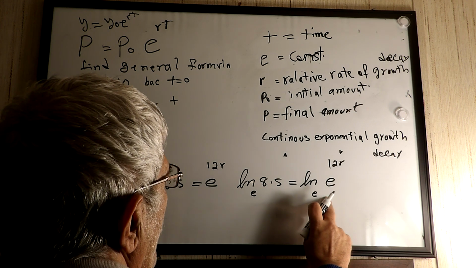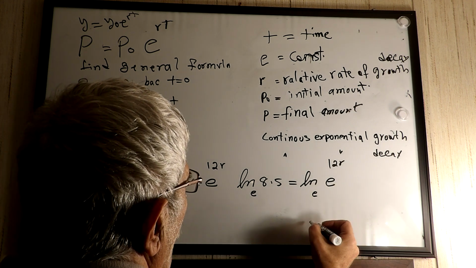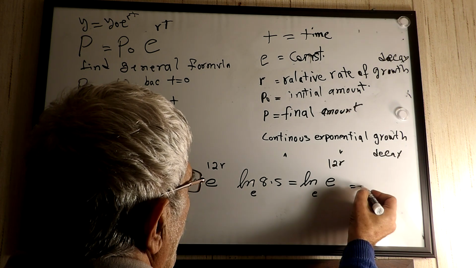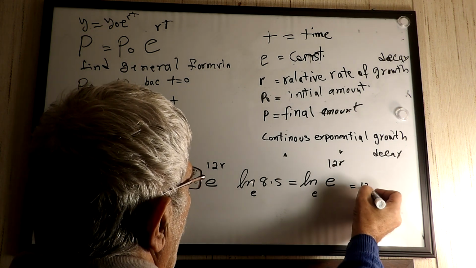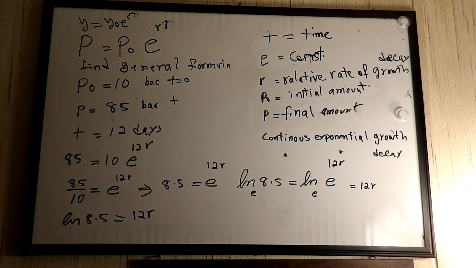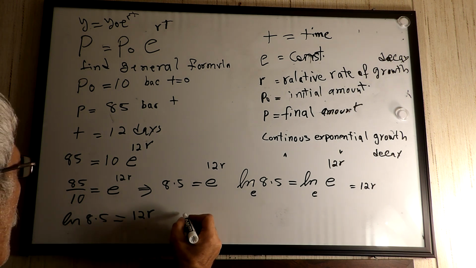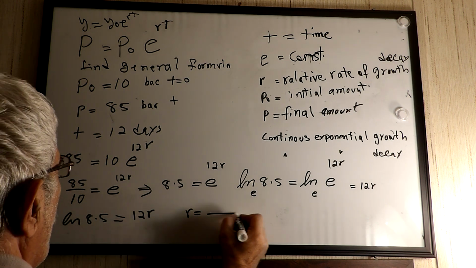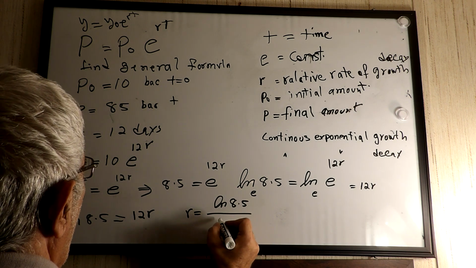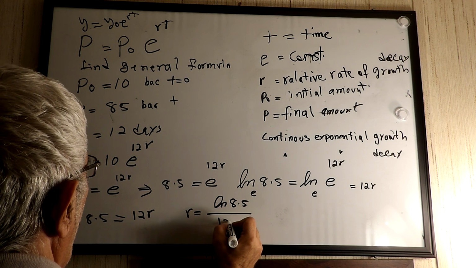It means that what we raise e to as a power is going to be 12r. So r is equal to ln 8.5 divided by 12.